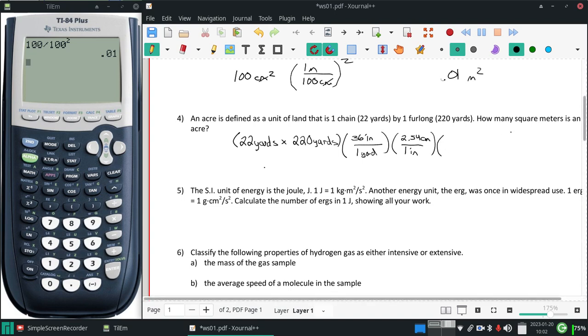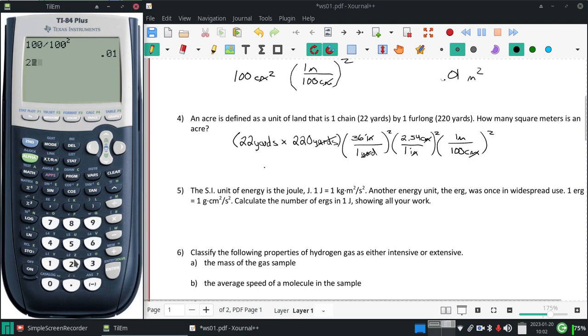And then since this wants square meters, I'm going to change my centimeters into meters. Just like a normal dimensional analysis, you'll see the units fully cancel out, but that doesn't get both of them because this ended up being square yards, so I need to square each one of those. And that'll give me my square meters.